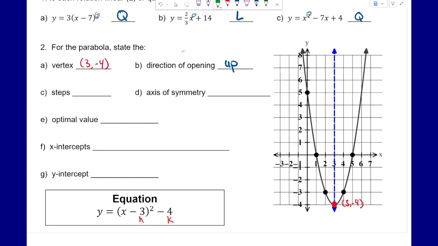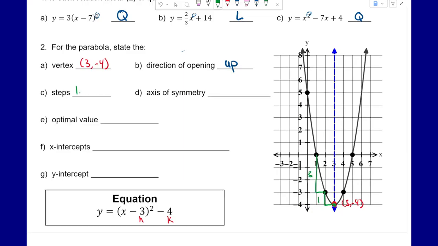For my step pattern, I have to go to the graph. I do have nice points here, so I can go through and do my step pattern. I start at my vertex. I go 1 to the left or the right. I go up until I hit my graph. So the first step up is 1. Do it again, go over 1 from that point, go up until I hit my graph.